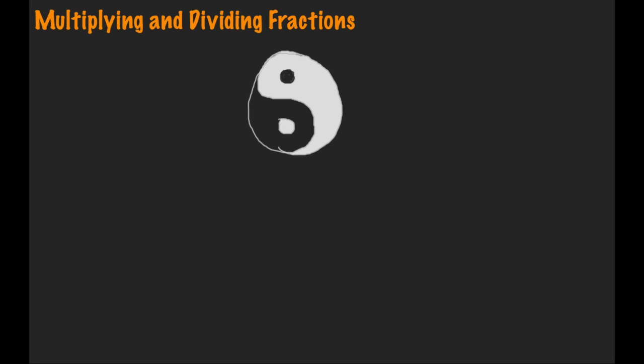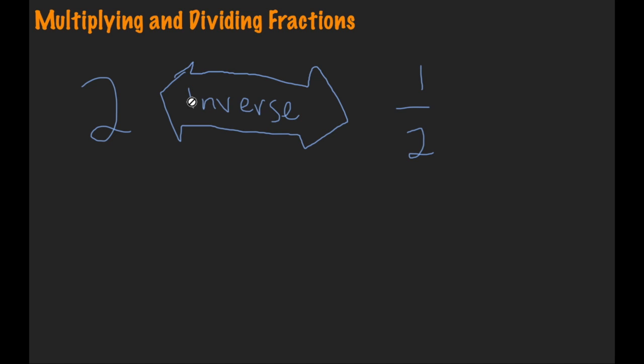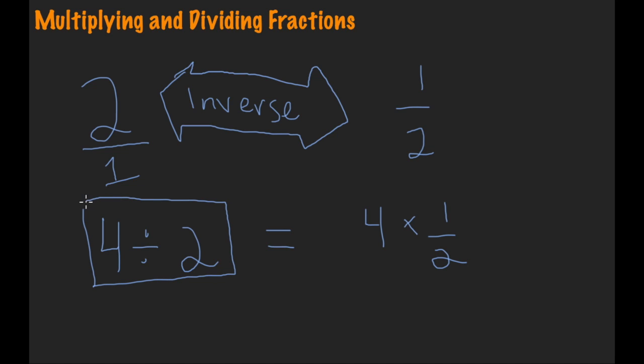So let's see an example of this. Let's say we have the number 2. The inverse of this number is 1/2, because remember that every number can be written as a fraction, and to get the inverse we simply flip it. This means that 4 divided by 2 is the same as 4 times 1/2, because 1/2 is the inverse of 2 and multiplication is the inverse of division.